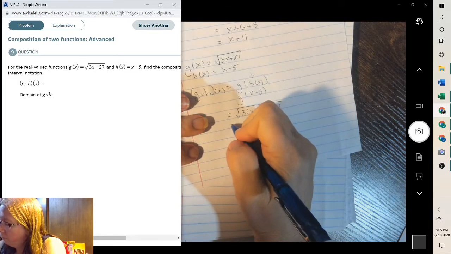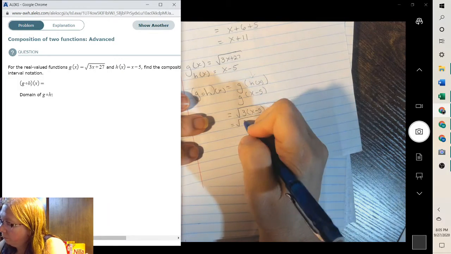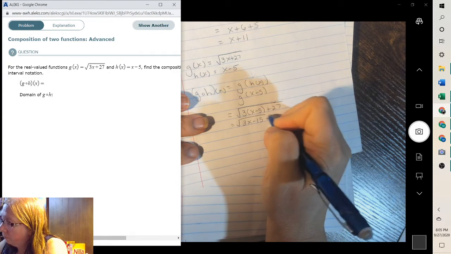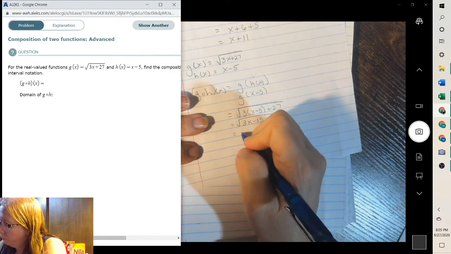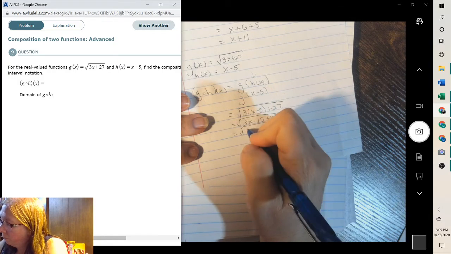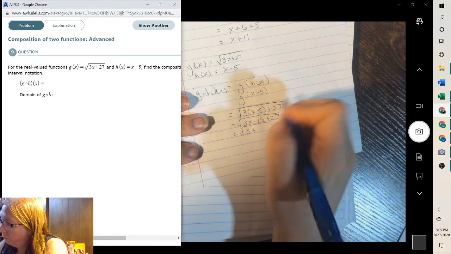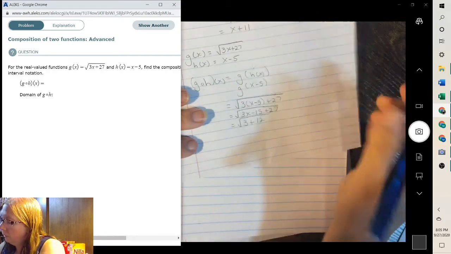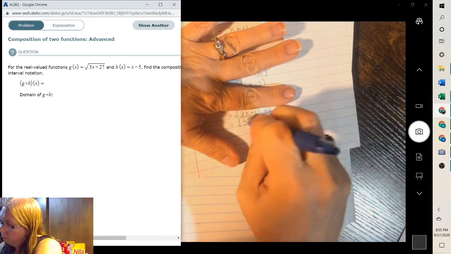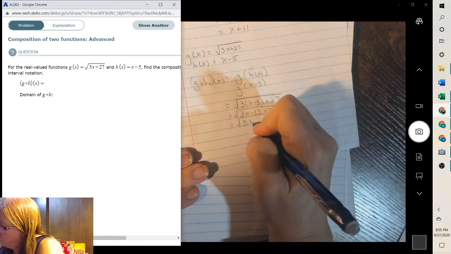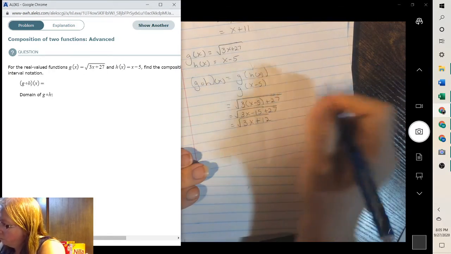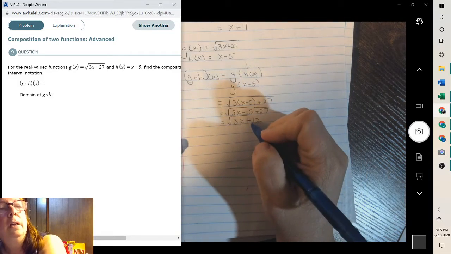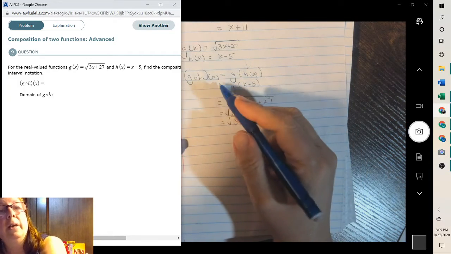Distribute the 3. So this would be our answer for g of h of x.